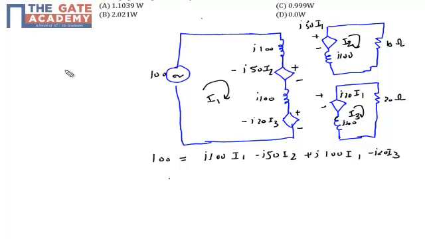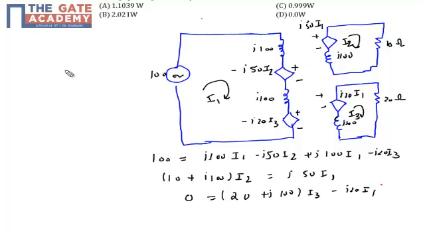Similarly, in mesh 2, the equation will be 10 plus J100 I2 is equal to J50 I1. In mesh 3, 0 is equal to 20 plus J100 I3 minus J20 I1. These are my equations number 1, 2 and 3. We have 3 equations and 3 unknowns: I1, I2, I3.